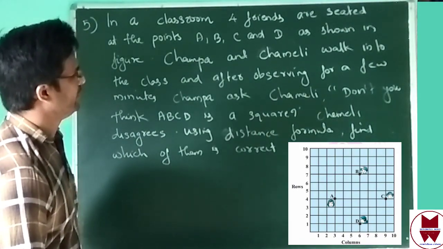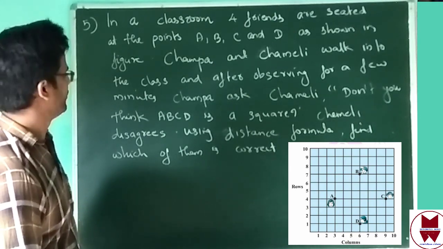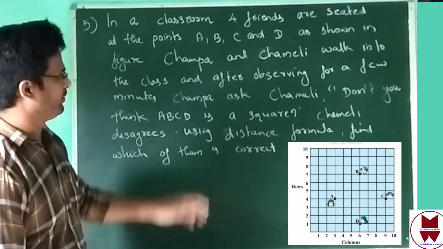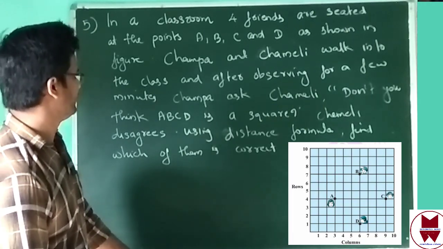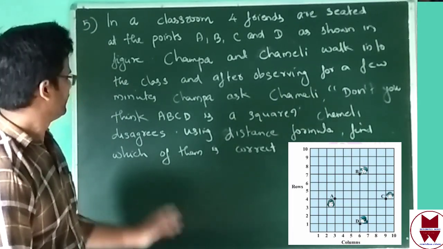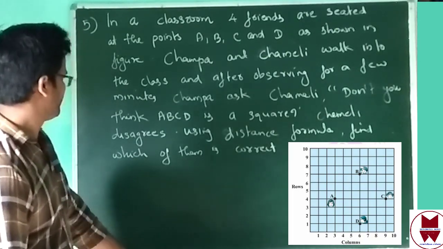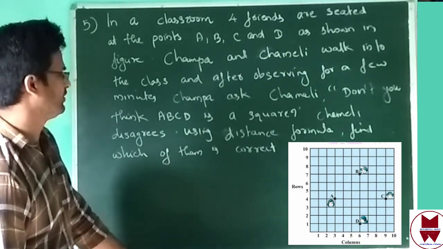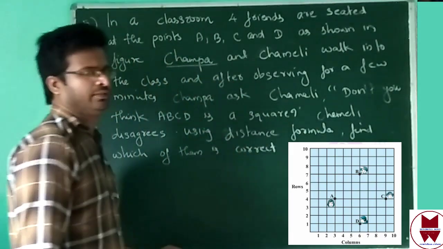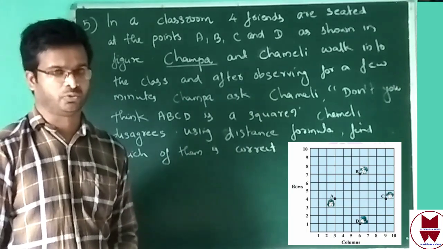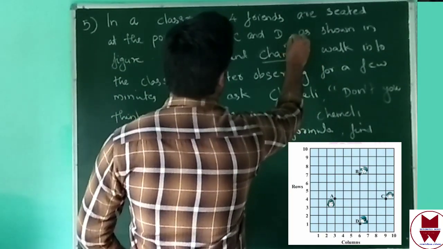Champa and Chameli walk into the class and after observing for a few minutes, Champa asked Chameli, don't you think ABCD is a square? Chameli disagrees. Using the distance formula, find which of them is correct. That means here Champa said it is a square, isn't it? Chameli said it is not a square.